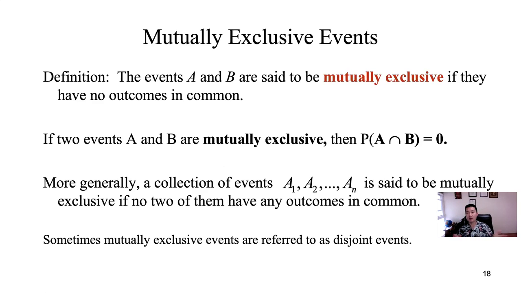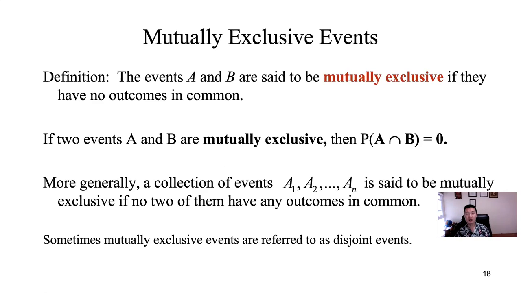If two events A and B have nothing in common, meaning these two circles have no intersection, then we say these two events are mutually exclusive.